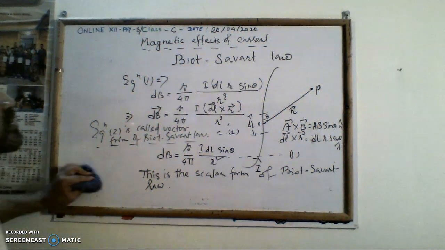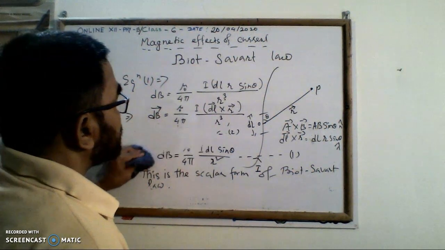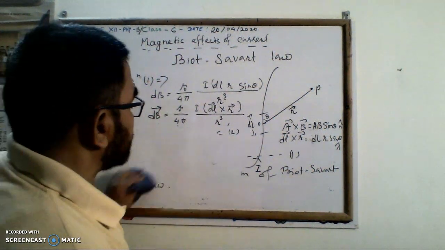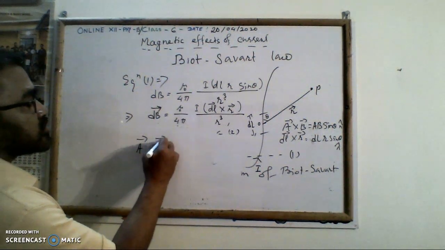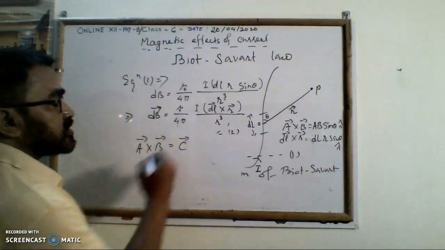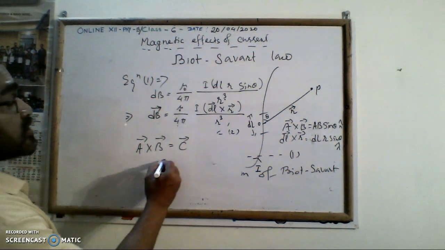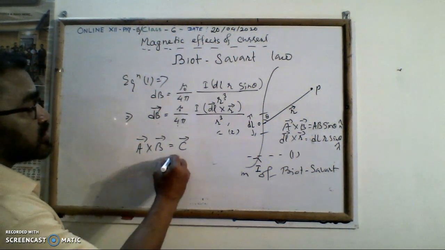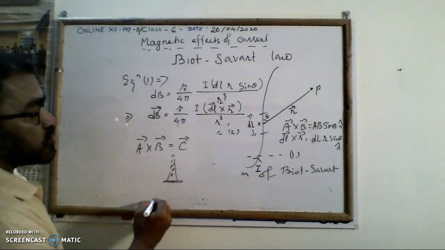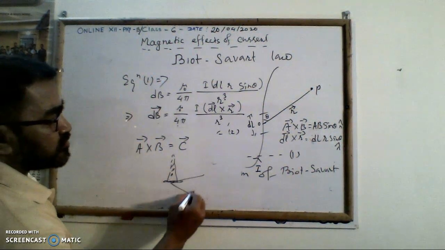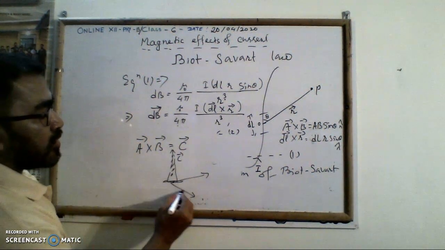As you know, when we write A cross B, represented as C, suppose A cross B is equal to C. If you imagine the screw rule, if you go from A to B, C will be along the upward direction.